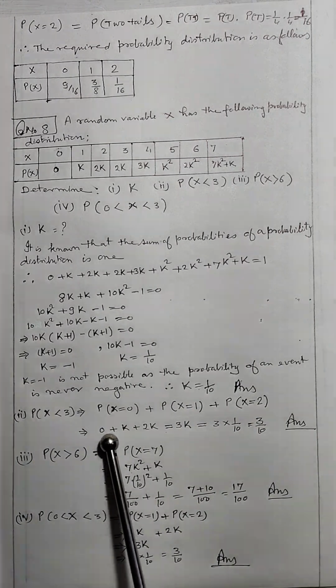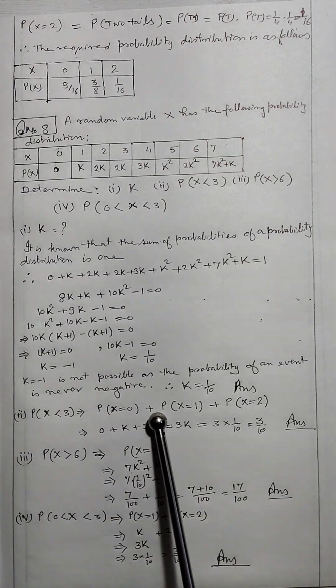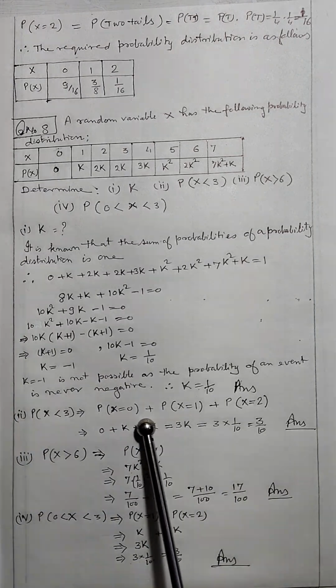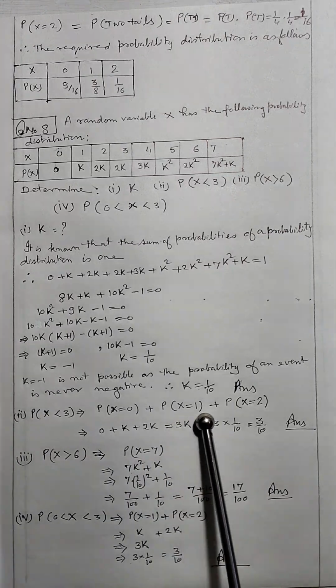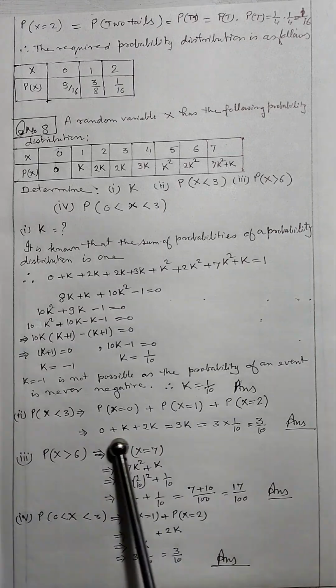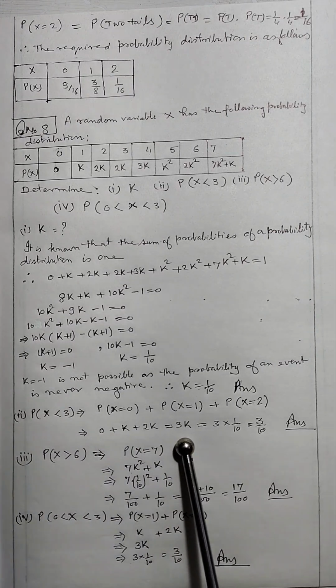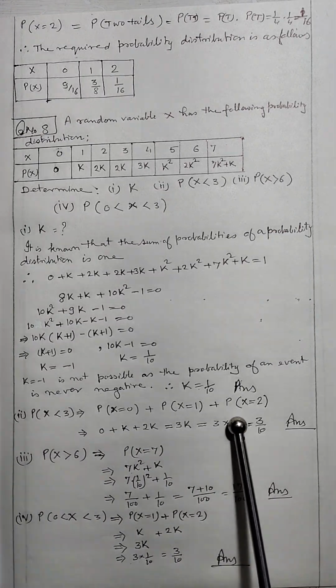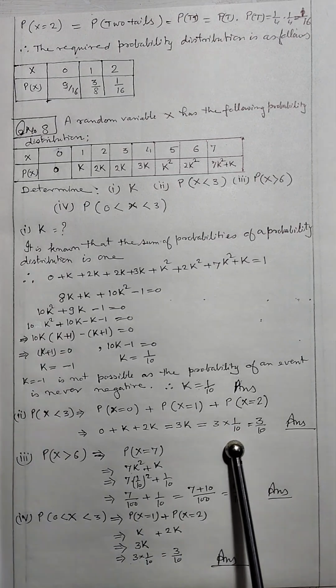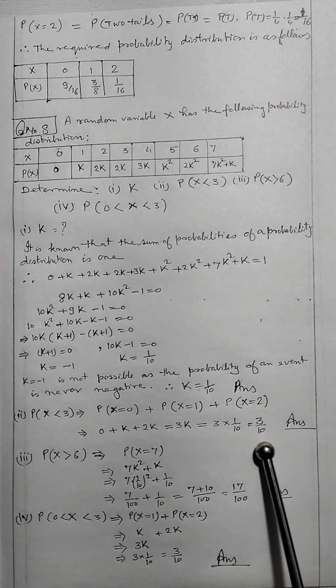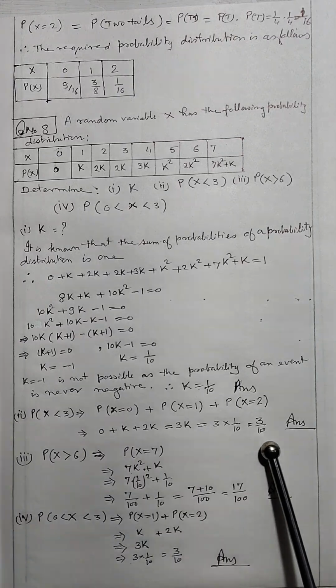From the table, I have written 0, then for x equal to 1 it is k, and x equal to 2 it is 2k. So summation of this will be 3k, so 3 into 1 by 10, the value of k is 1 by 10, so it will be equal to 3 by 10.